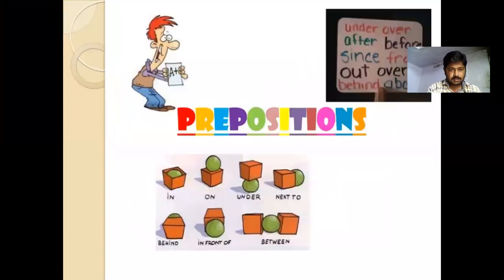Today, I'm going to discuss prepositions. Preposition is one of the parts of speech. As we all know, the parts of speech of the English language are 8 in number.